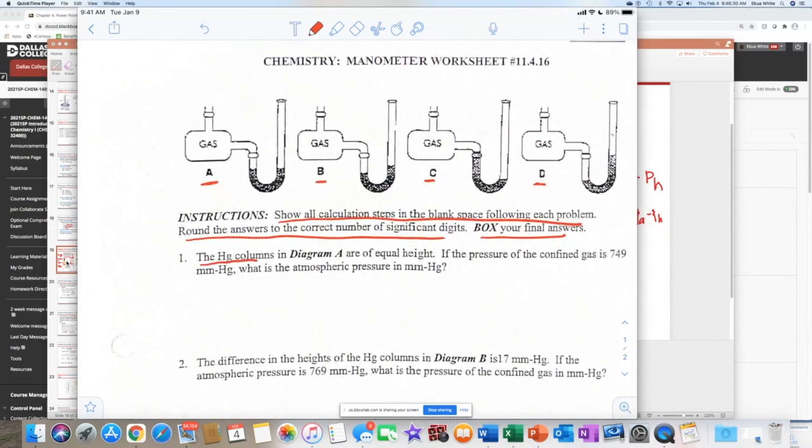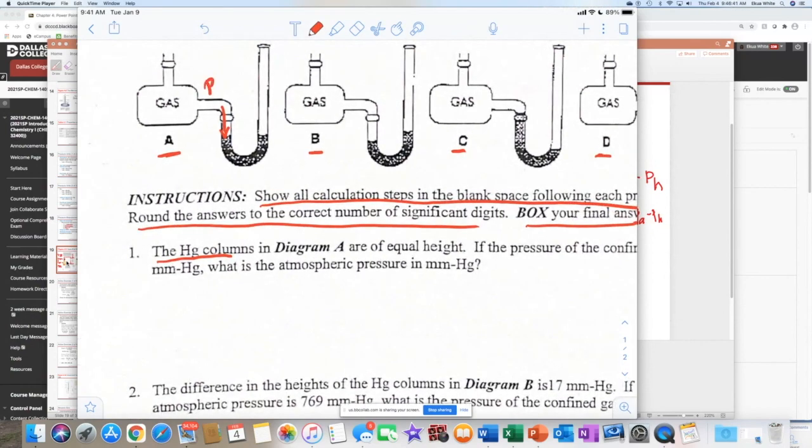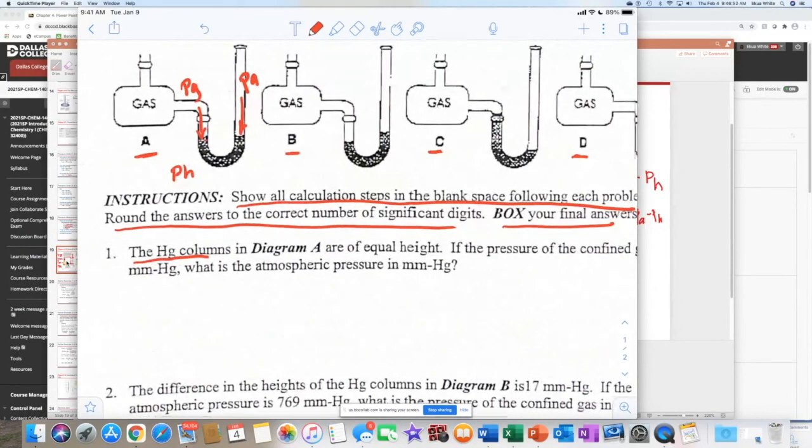The mercury Hg columns in diagram A are of equal height. Oh, okay. So diagram A, remember, the pressure coming from here is the gas pressure, right? So I'll call that Pg. Pressure coming from here is the atmospheric pressure. I'll call that Pa. And then if there was a difference in height, that would be pH. So the columns are of equal height.